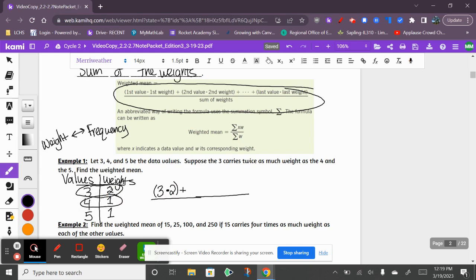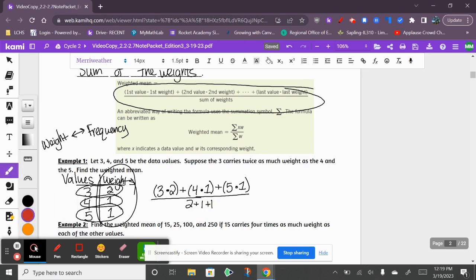So that would be 4 times 1. And I'm going to do that for the rest of them, which we only have one left, which is 5 times 1. The bottom is going to be the sum of the weights. So you're just going to add up all of the weights. So it's 2 plus 1 plus 1.